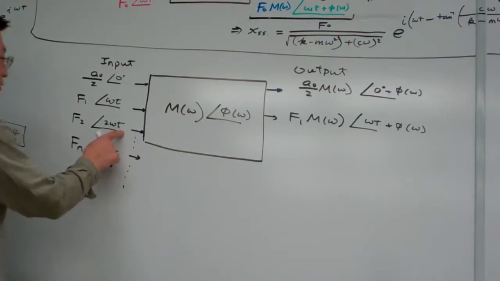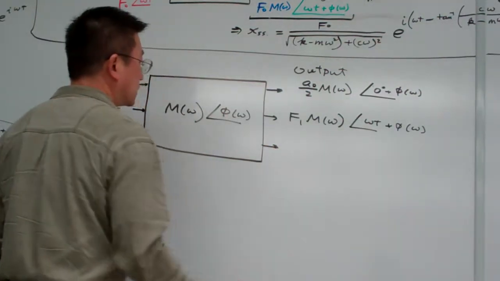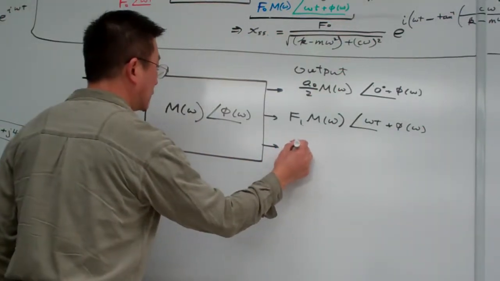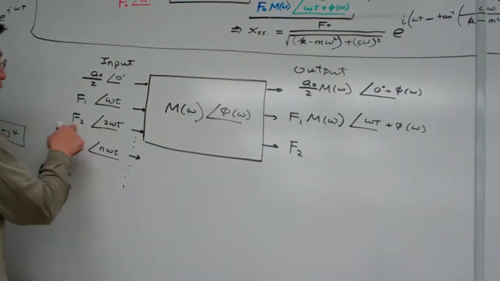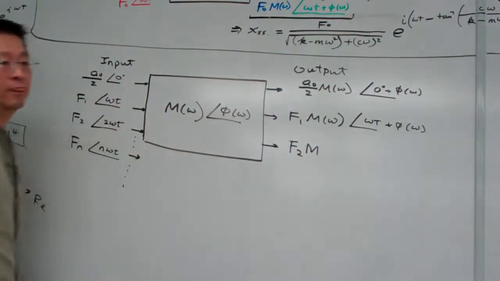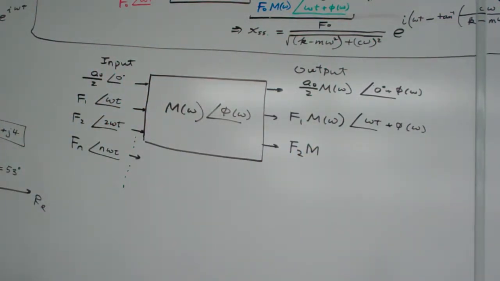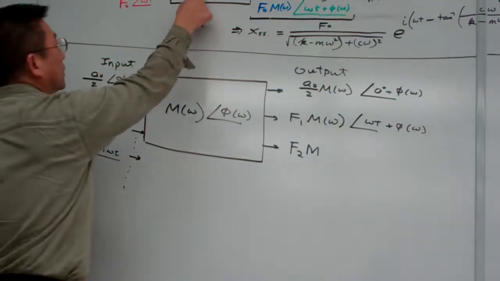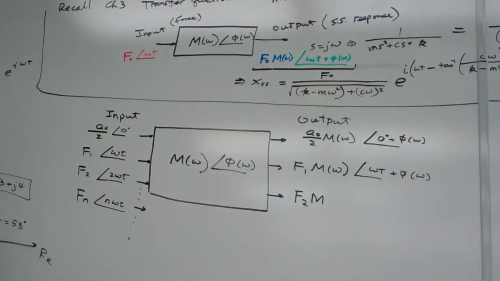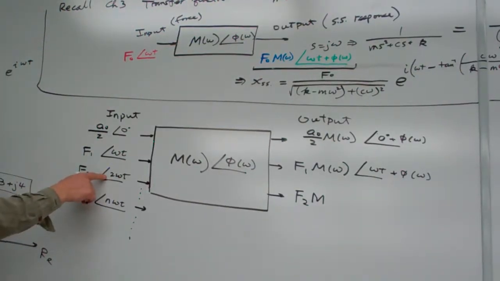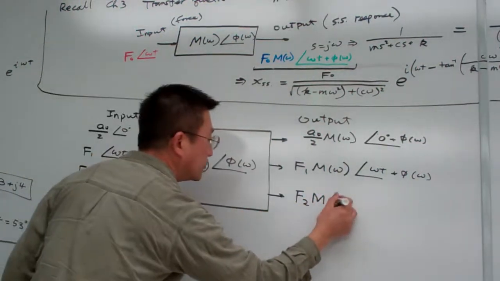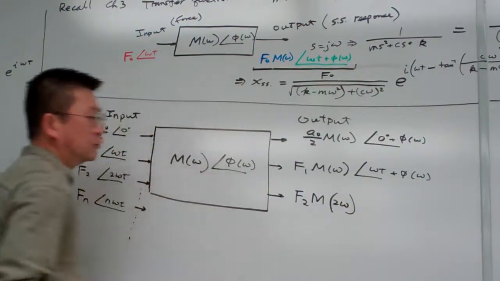Okay, we come to the second one. The second one, the magnitude multiplied together is F2, this is the magnitude, times M. In the template, omega represents the working frequency. For the second component, what is the working frequency? 2 omega. So you introduce 2 omega here.